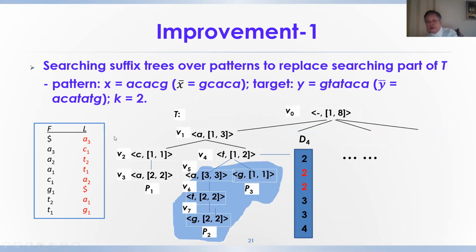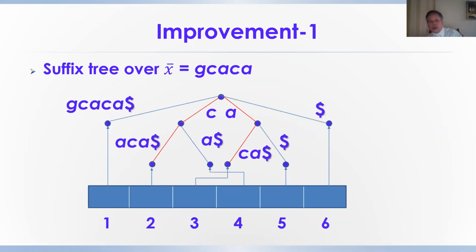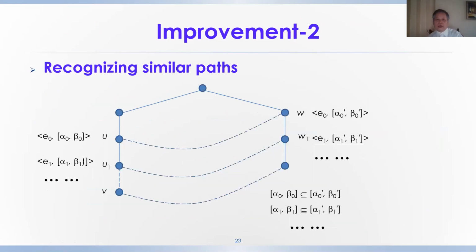This method can be improved in three ways. The first method to improve the performance is to generate a suffix tree for the pattern. Then we just replace the search part of a search tree with a suffix tree. Then the second improvement is to recognize similar paths.